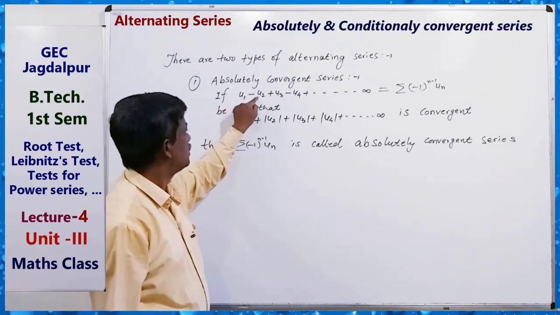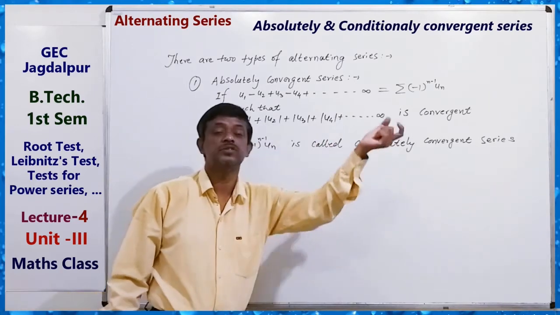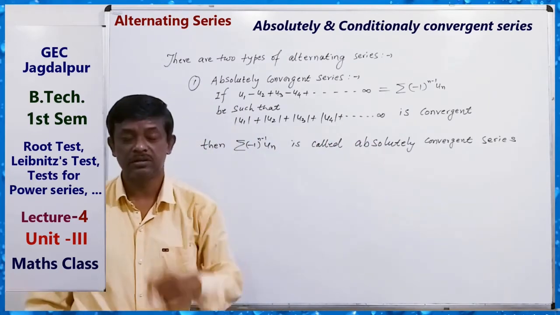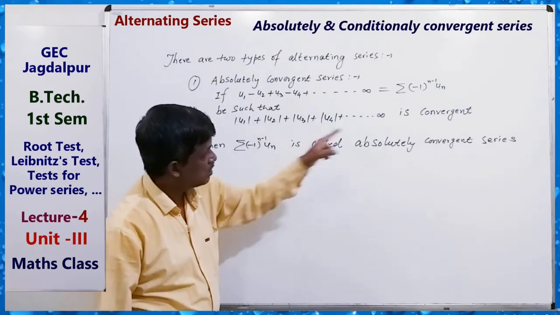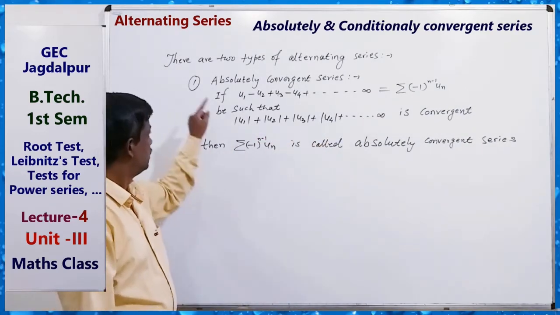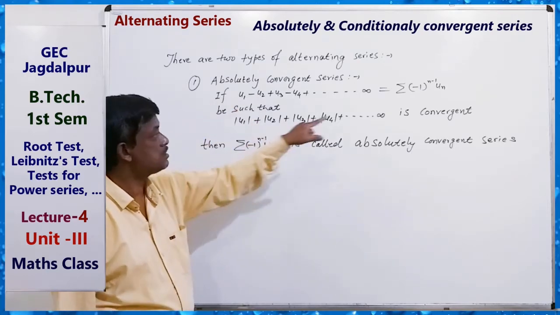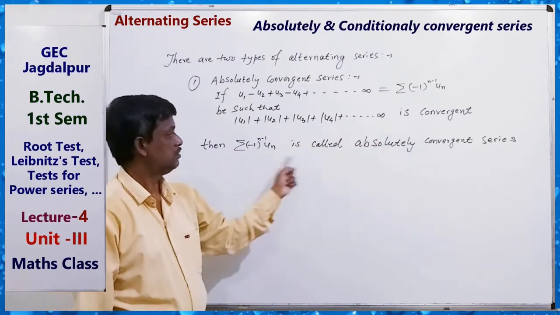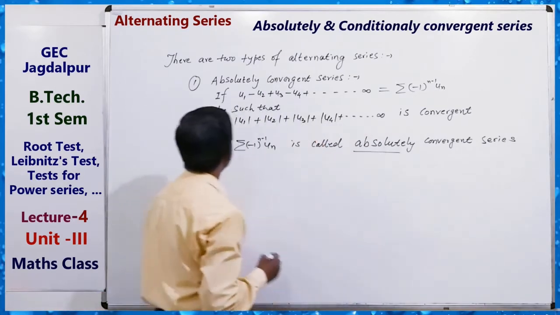If it is such that taking its modulus value, the series of absolute values of its terms is convergent, then it is called an absolutely convergent series.